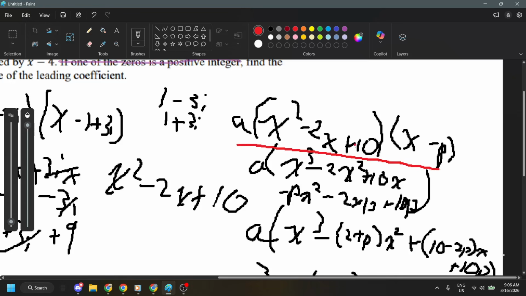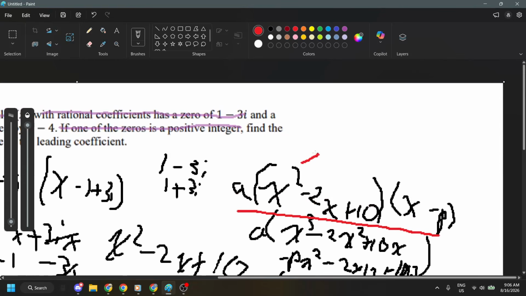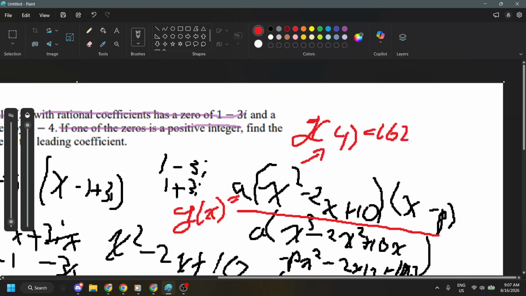But then what they said from here is they used a theorem called the remainder theorem, and they said, let's say this is equal to g of x. They said that g of 4 is equal to 162, which is a very interesting theorem I've never heard of.